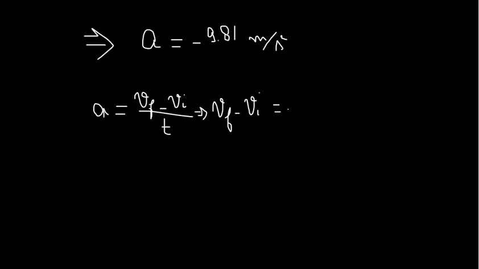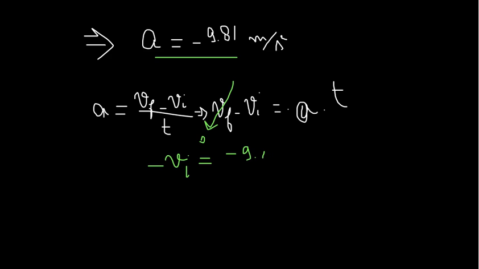So I have minus v initial, which I want, equals a, which is minus 9.81, times the time, which was 2.375 seconds, and this gives me the v initial.